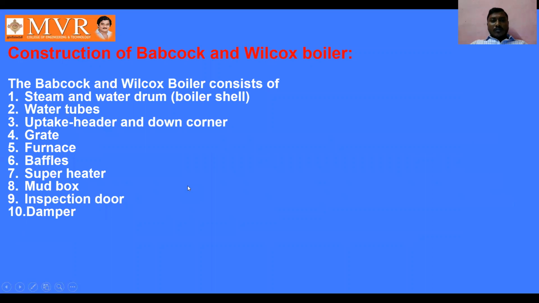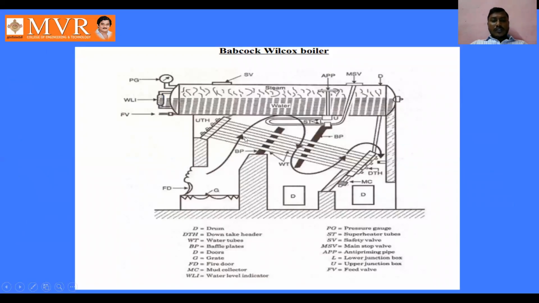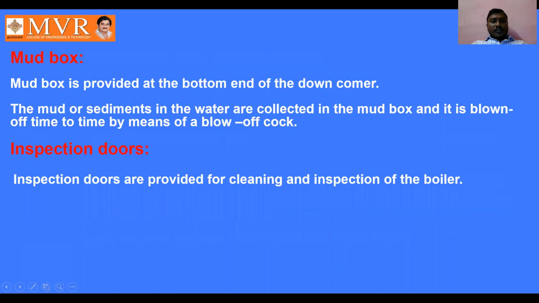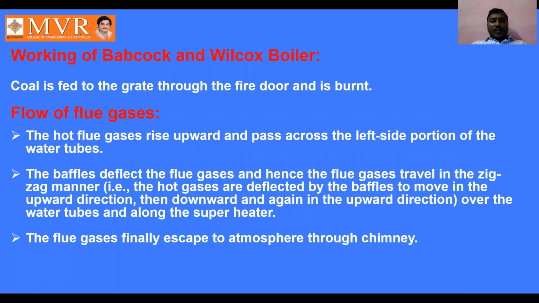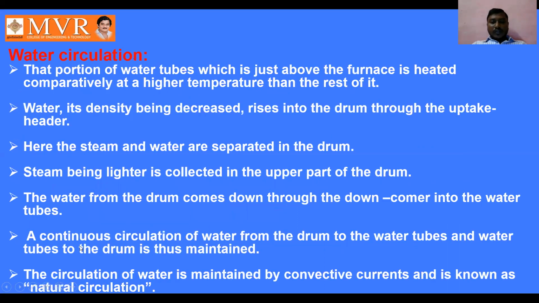You can observe that the hot gases which are produced here are passed in a zigzag way. The hot gases are deflected by the baffles to move in the upward direction, then downward and again in the upward direction over the water tubes and along the superheater. The flue gases finally escape to the atmosphere through the chimney, as I have shown in the diagram.